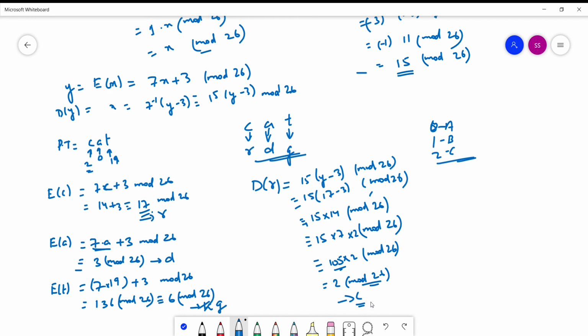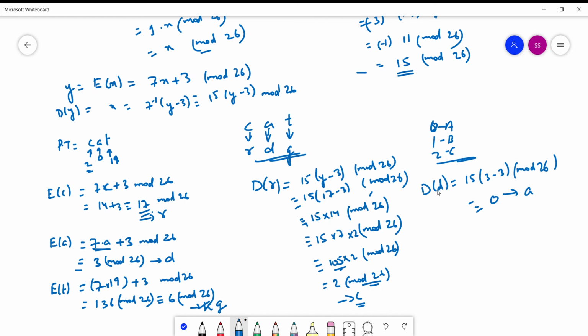Okay. Now let's try to decrypt D. So decryption of D is equal to 15 into the D value, 3 minus 3 mod 26. Correct. So this will give me 0, which is A.